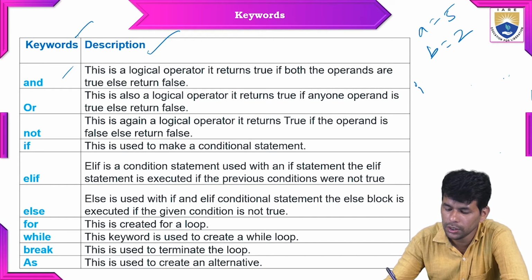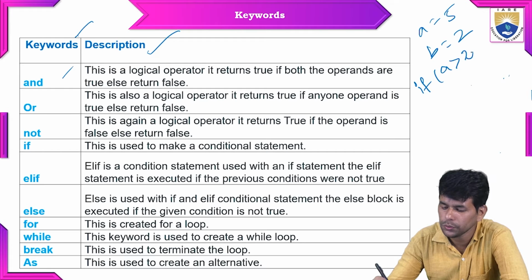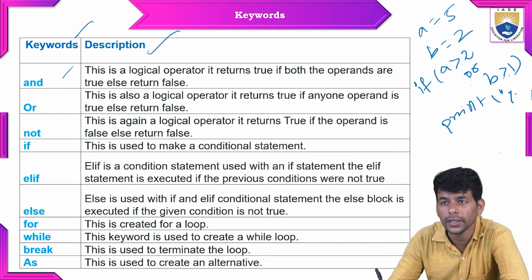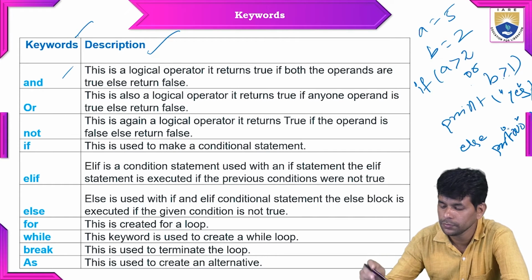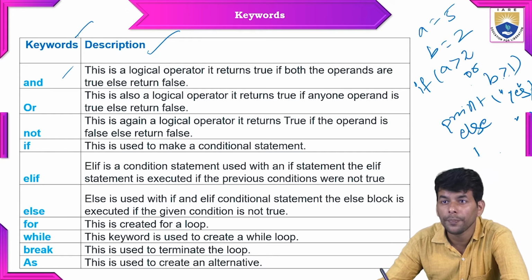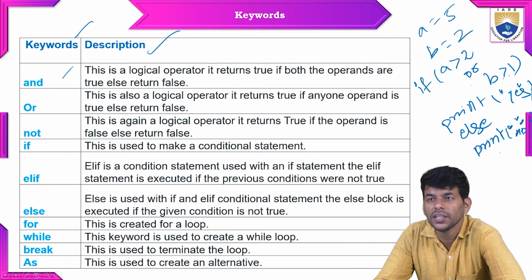If A is greater than 2 or B is greater than 1, then print yes, else print no.